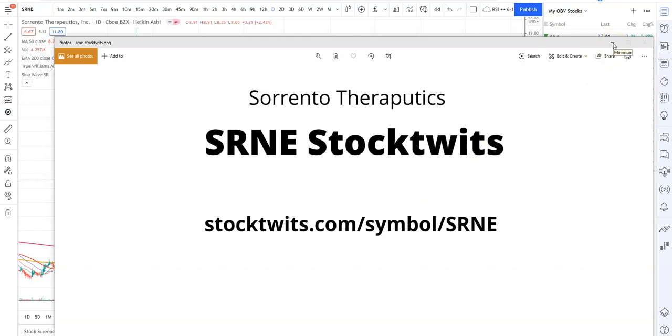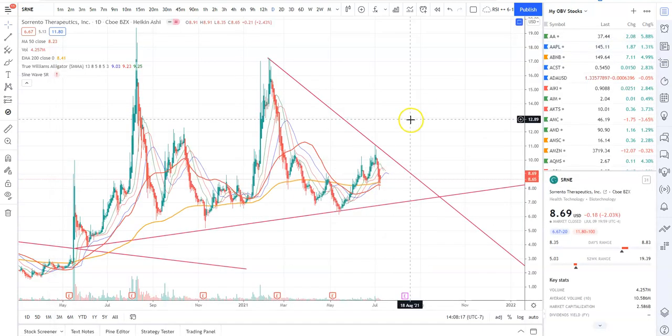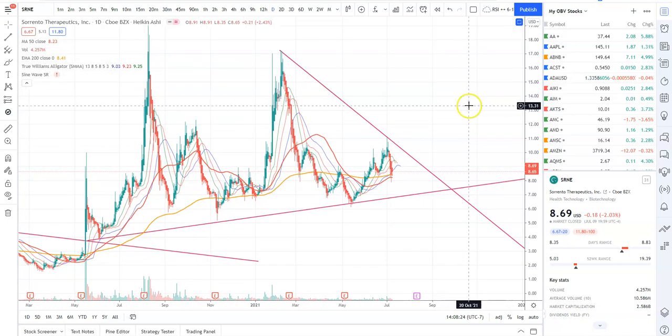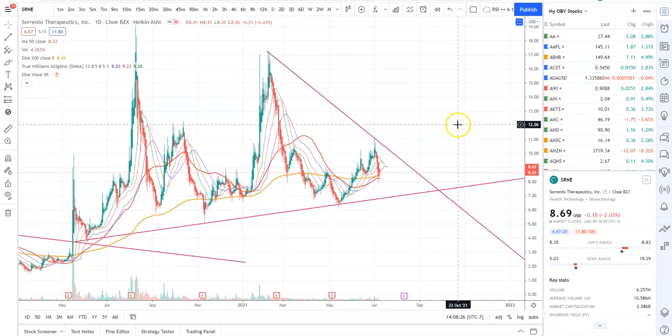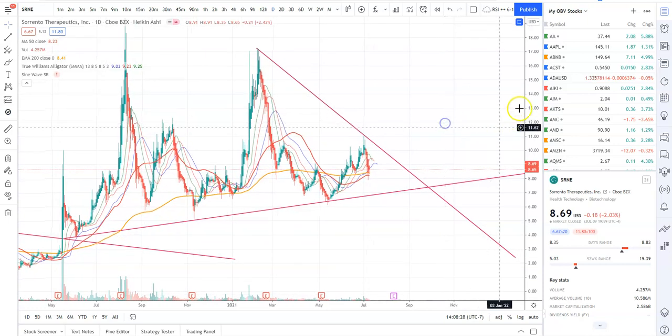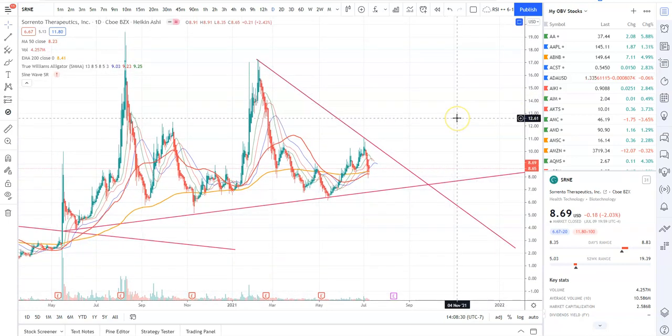Now, I just also wanted to quickly give my thoughts here on Sorrento Therapeutics. Go to the daily time frame, and what I'm seeing here is basically two major trend lines that are going to affect the price and the momentum moving forward in Sorrento.